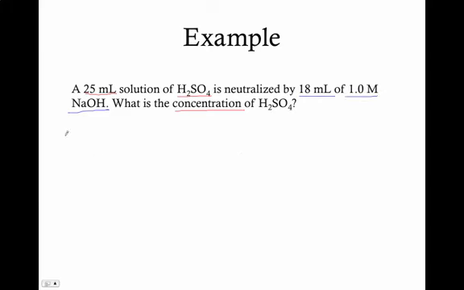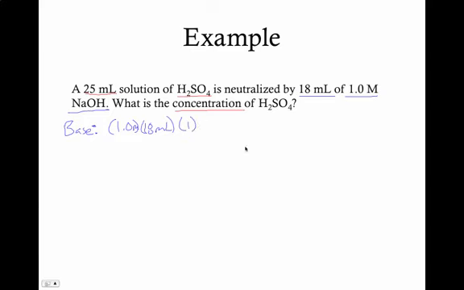So we'll start off with the base information. To find the moles of base, we're going to take our molarity of our base, which is 1 molar, times the volume of our base, which is 18 milliliters, times the number of OHs in the sodium hydroxide, and that's 1.